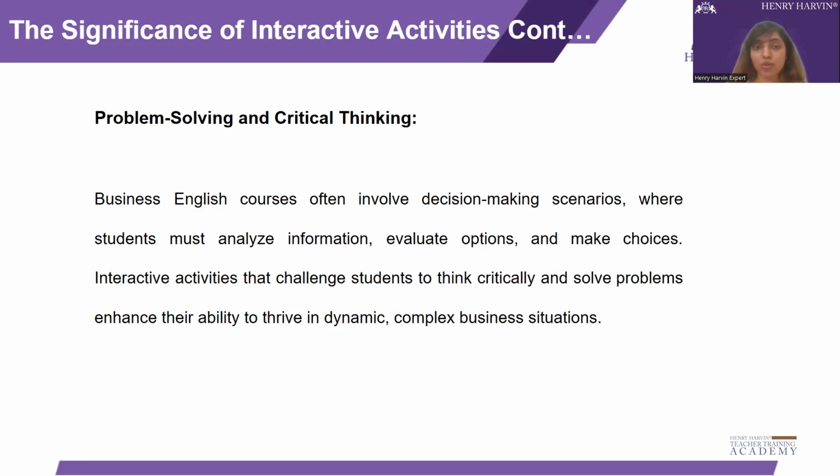So business English courses often involve decision-making scenarios where students must analyze information, evaluate options, and make choices. Like once I was taking classes for the travel industry, okay, and when I was teaching them, I gave them a scenario: what if a customer calls and you've got only 3 seats left, but the customer wants to book 5 tickets because the customer's family is of 5 members and the customer needs to reach a certain ceremony, which is obviously a wedding.